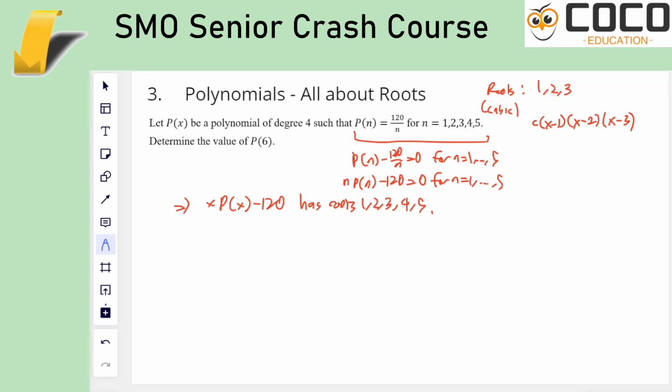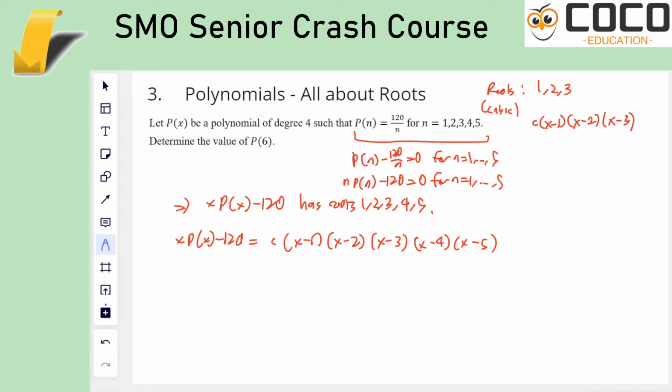And like what we have seen here, xpx minus 120 must therefore be x minus 1, x minus 2, x minus 3, x minus 4, x minus 5, and potentially a constant. How do we know whether that is a constant, or for that matter, what is the constant? Well, usually we will substitute in one special value to check. And the special value, more often than not, will be 0. It doesn't have to be 0, but it's just whatever would allow you to not know the polynomial px.